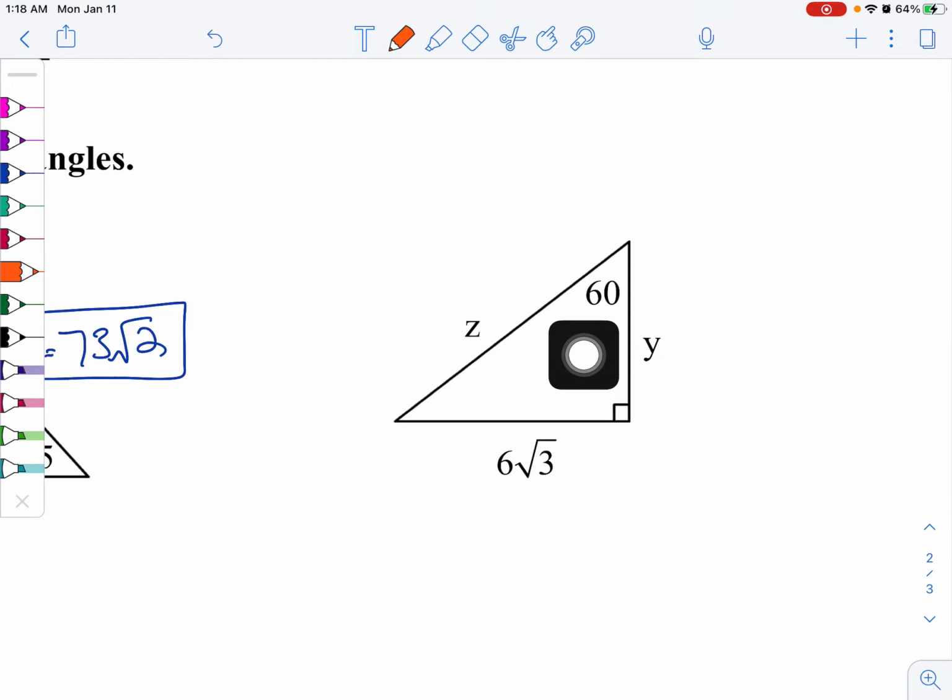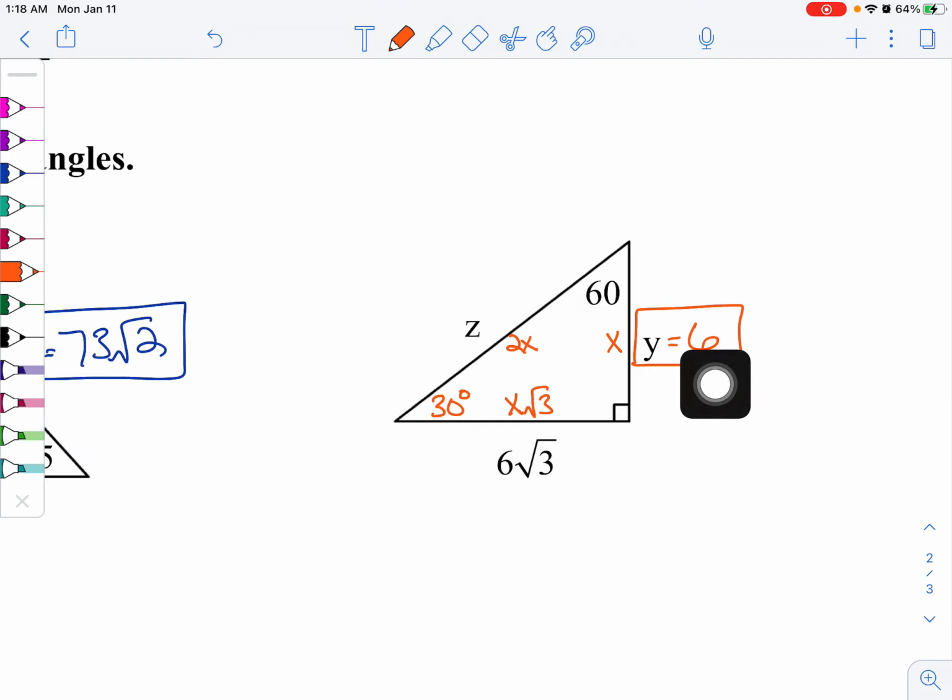All right, part 3 here. Well, we're missing a little bit of information, but it's pretty easy to figure out. If this is 60, this is 90, there's got to be a 30-degree angle sitting here. So this is x root 3, and 2x. Now, if you can notice that this is x root 3 and this is 6 root 3, that means the x has to be 6.